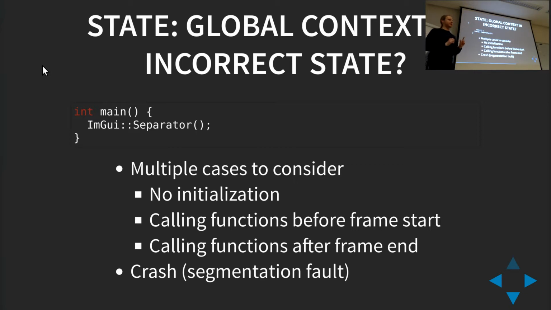If you think about time, there are these red areas when the library is not in the correct state. So what happens is a crash. I don't know if this happens all the time, but at least in the cases I've tried, it's a segmentation fault, it crashes.